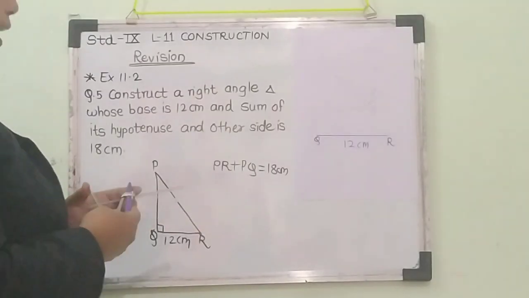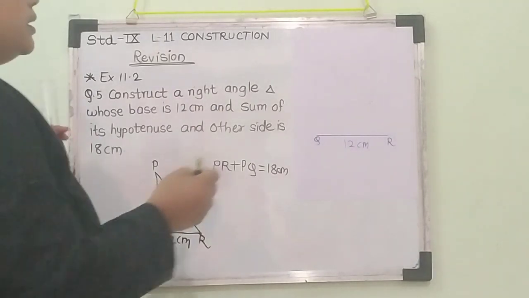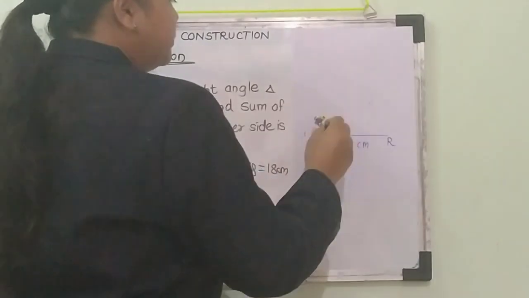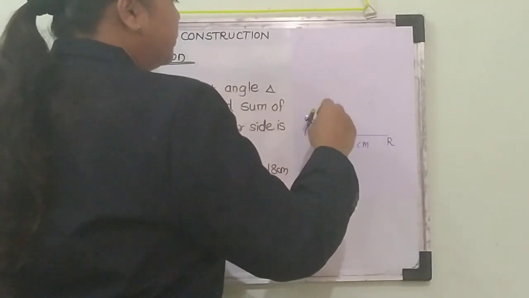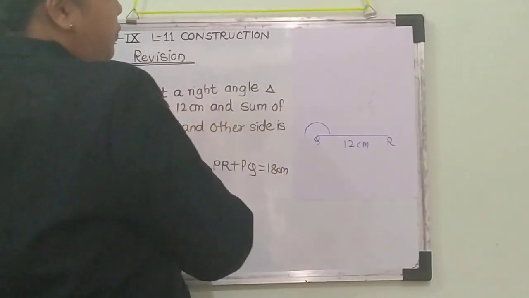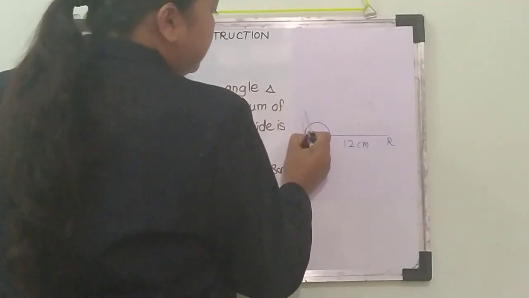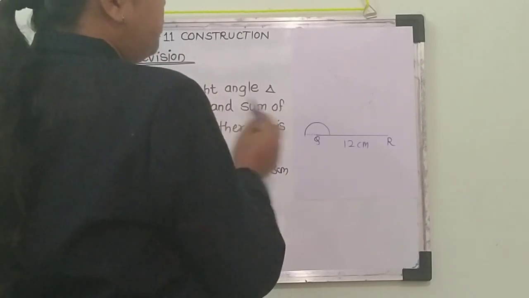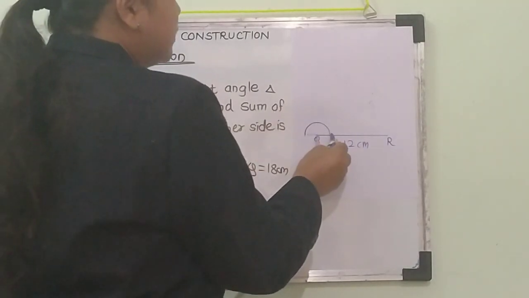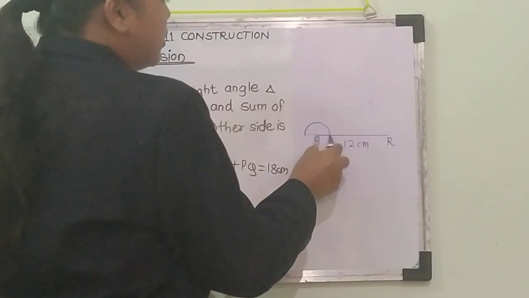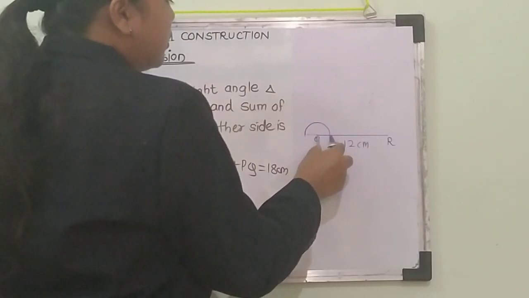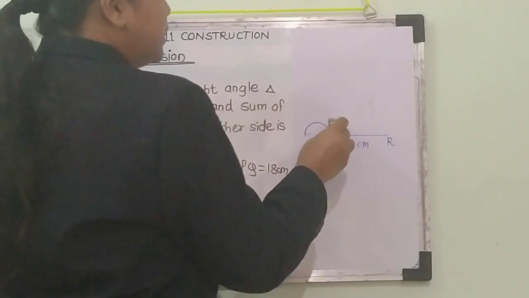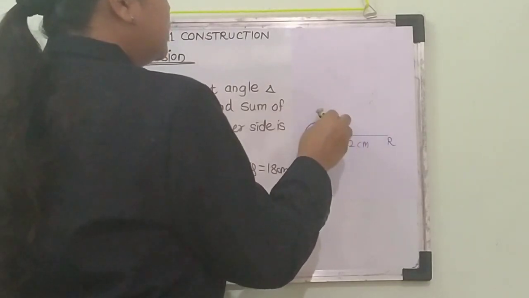For a 90 degree angle we know the process. First we draw the semicircle. For that we have to extend here now. Correct? Then with the same measure we have to mark the arc on this semicircle.